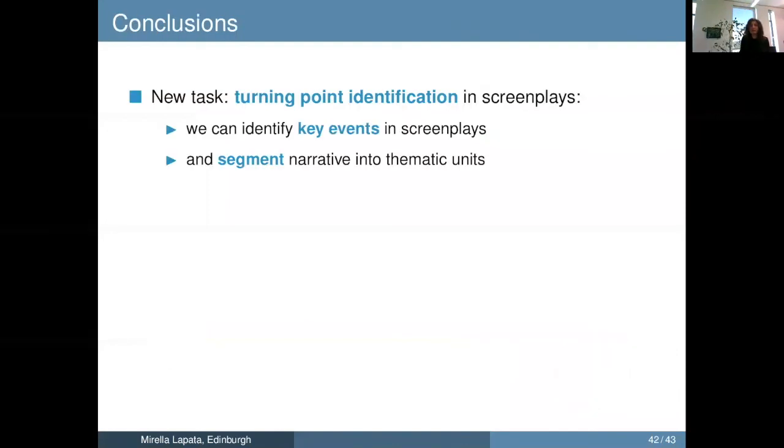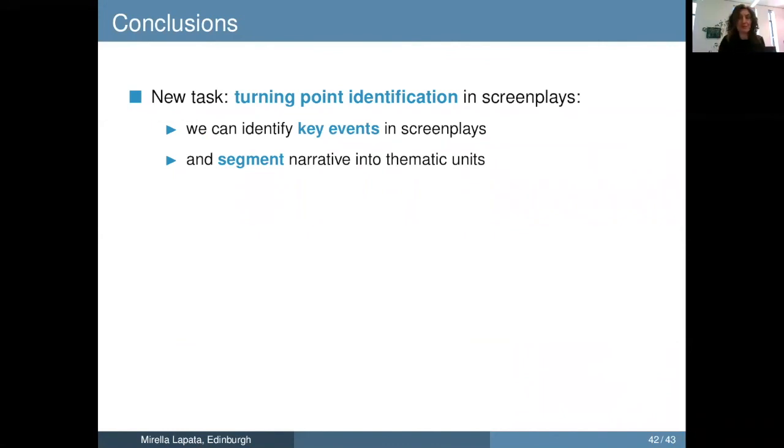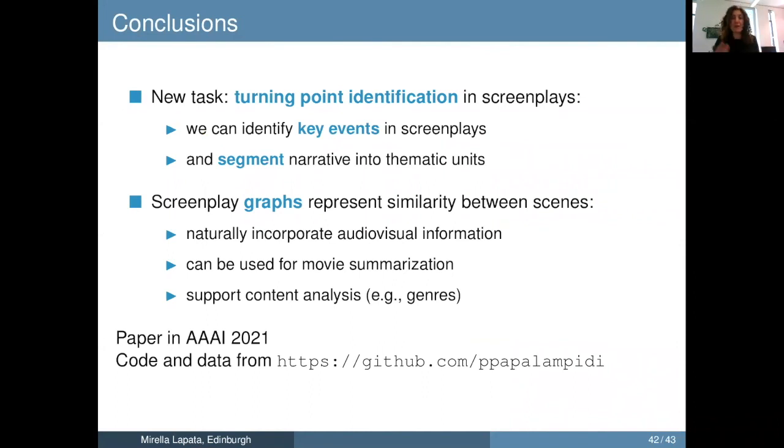Okay, this is, I think, the final slide. So what have I talked about? I've introduced this task of turning point identification in screenplays, and I assumed that we can identify these key events in screenplays, and these will allow us to segment the narrative into thematic units. The graphs are useful for many reasons.